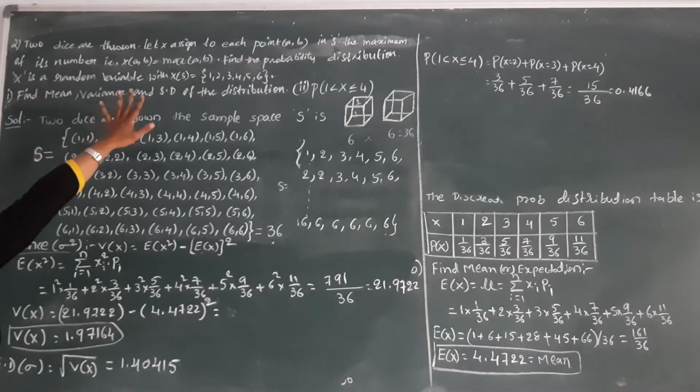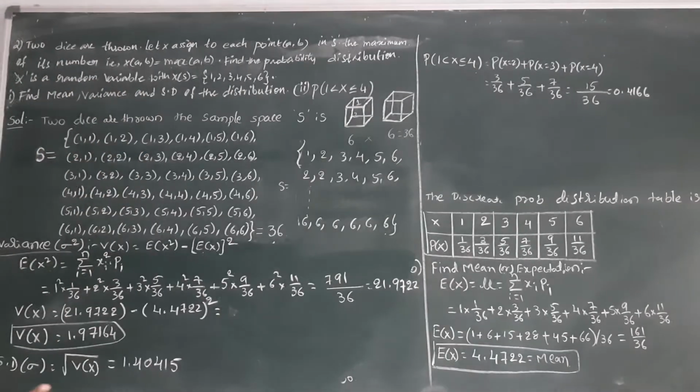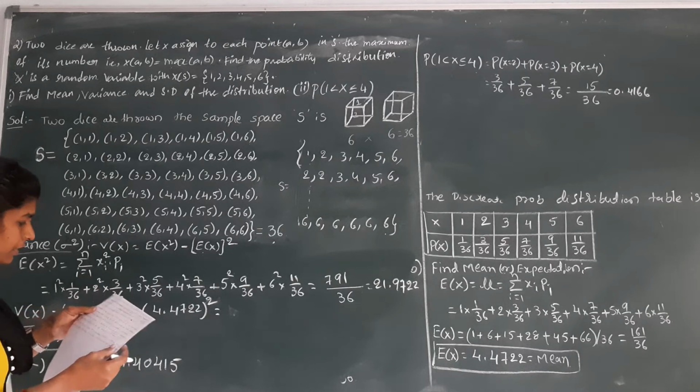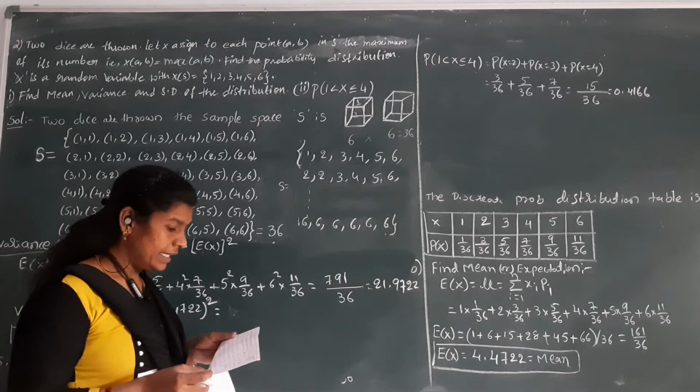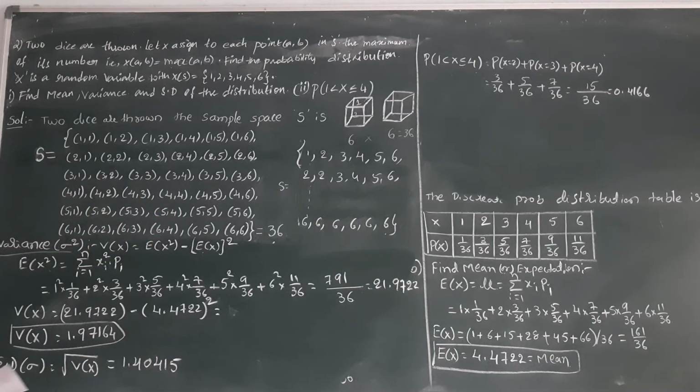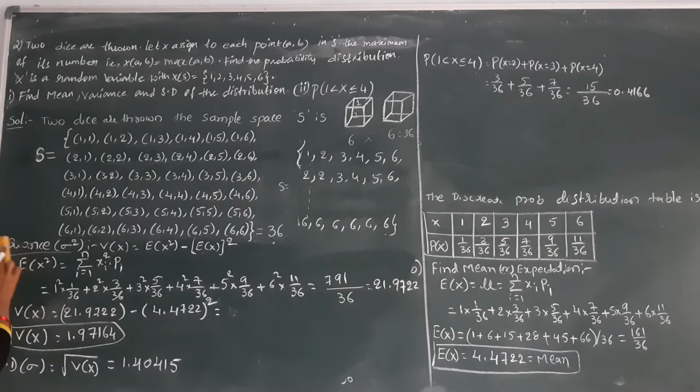The same question they will ask in the different ways. Next, the same question they will ask like this. See, let x denote the minimum of two numbers. Same question they are asking like this.